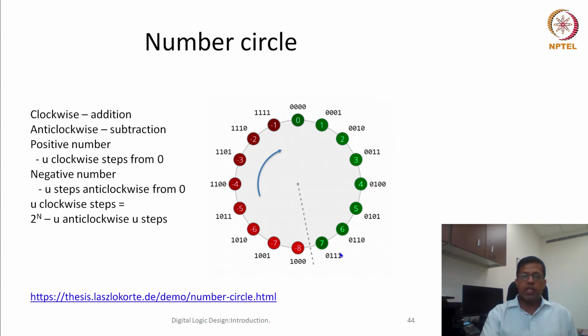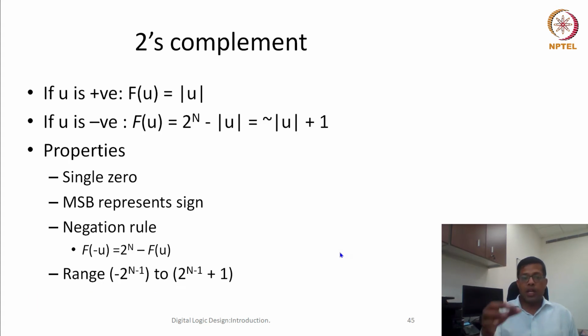Okay, the other thing is that I can always find the negative of a number using 2 to the power n minus that number.